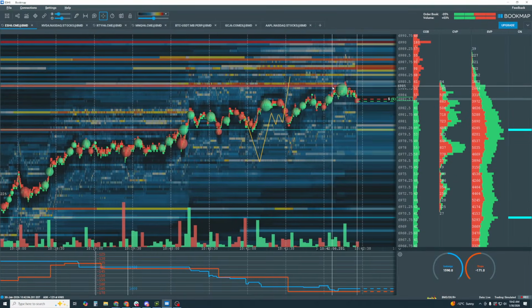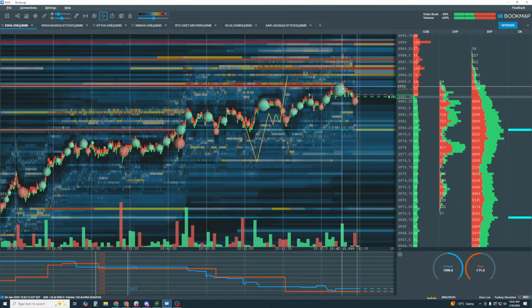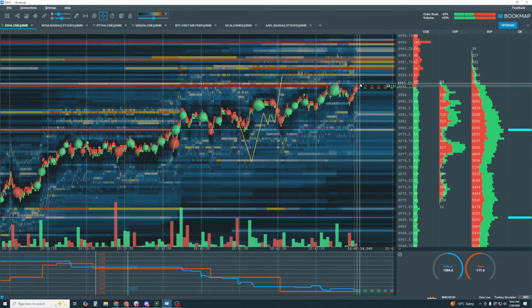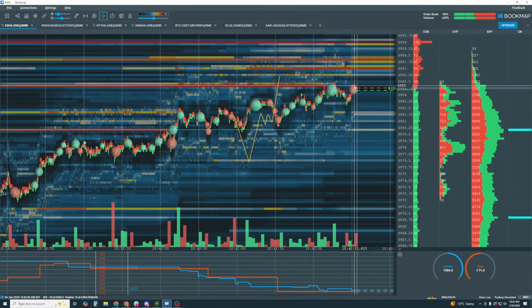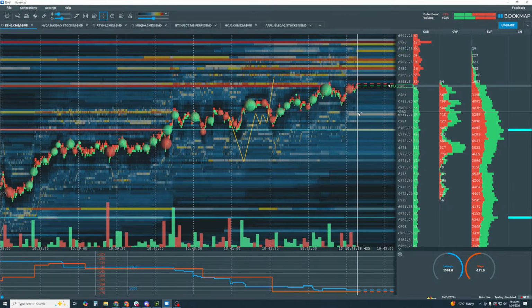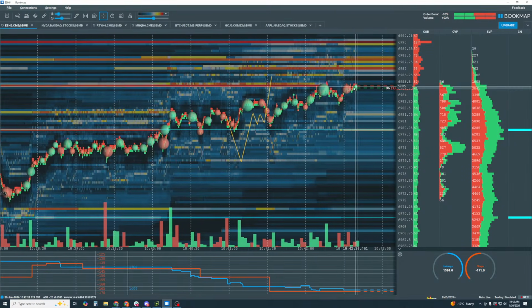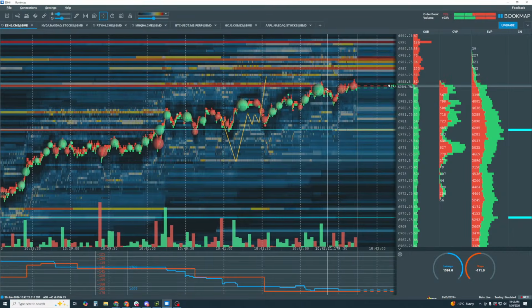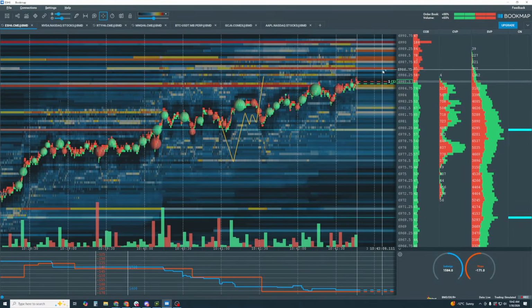Okay, so it just traded up to the high liquidity here at 85. Let's see if we get some sellers now. Okay, retest. Maybe we get the retest here and then the sellers come in. Here's our double top, kind of, and I'm not seeing a lot of buyers here.